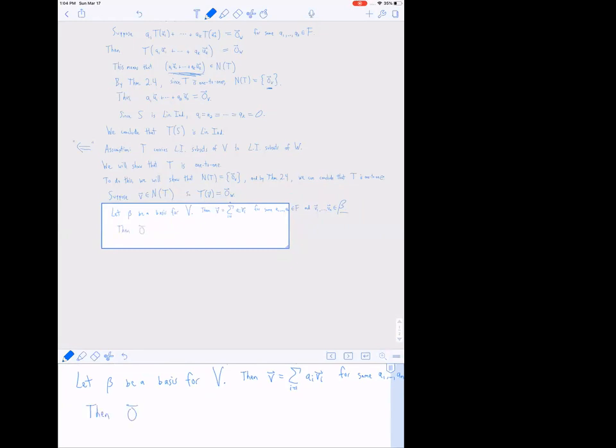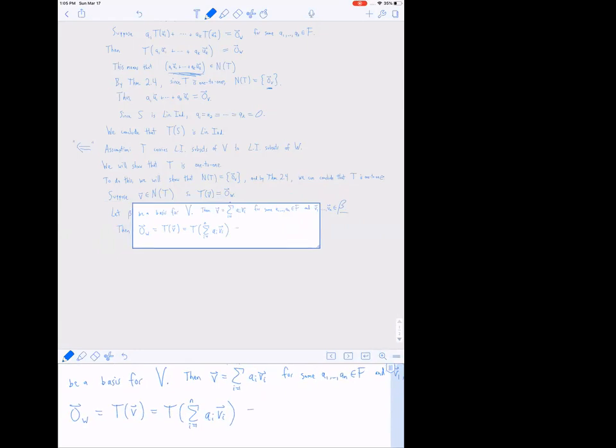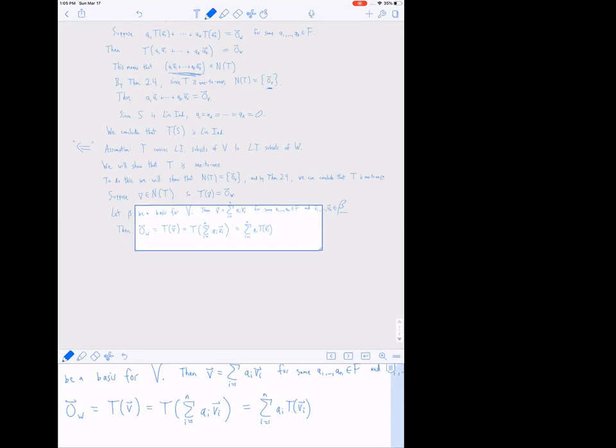Then the zero vector from W, well, we know that it's equal to T applied to this vector v, but now we know that we can rewrite that vector v as a linear combination of these vectors v_i from the basis. And then by linearity again, we can write this as a linear combination of the vectors T of v_i, the transformation of those basis vectors.